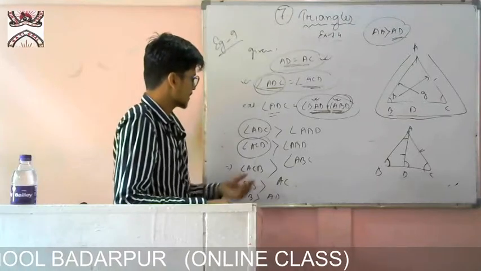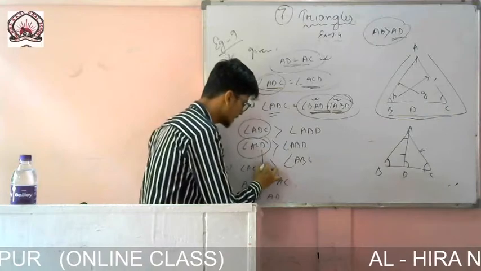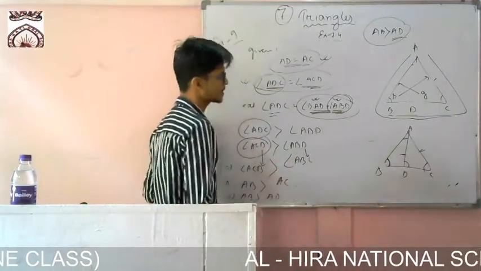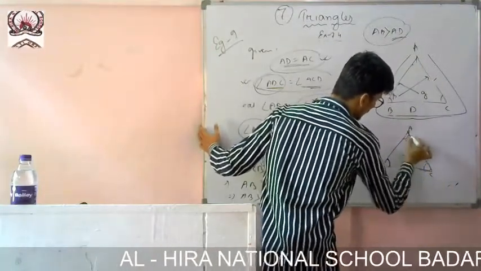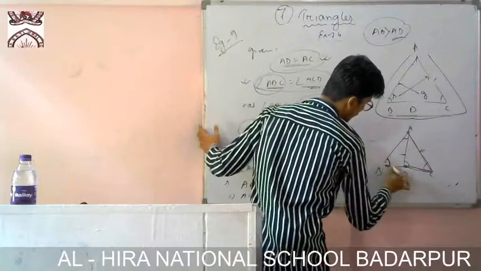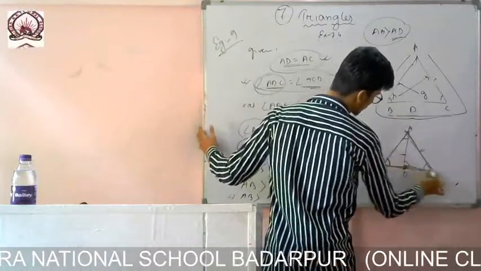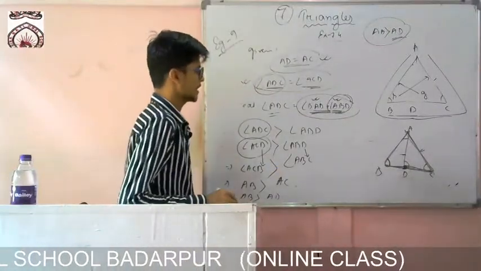So you see here, if these two are same, now what I am doing? I am extending this D to B, extending this D to C. Earlier the angle was ACD. I have extended up to B, so the angle remains the same. There also up to D was there, so I have extended up to C. So it became ACB greater than ABC.